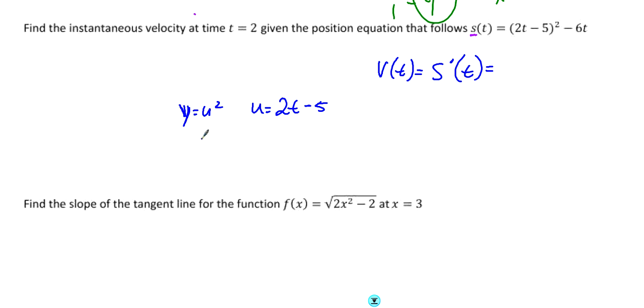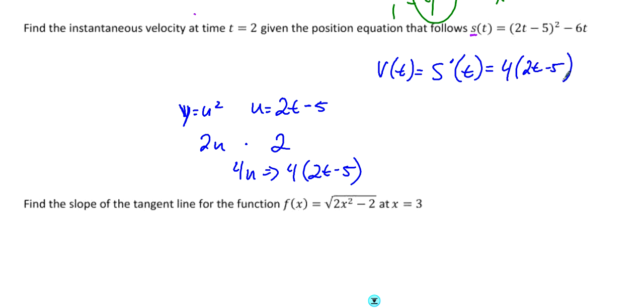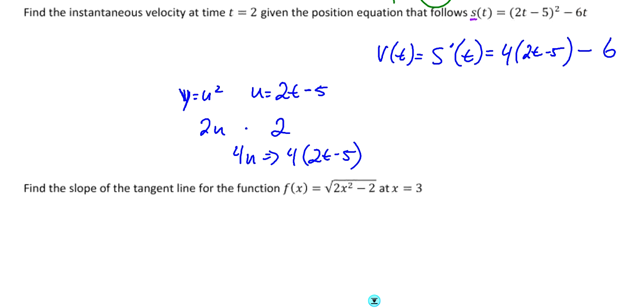Then the derivative, this is 2u. This is going to be 2. So the derivative of that is 4u, or since we plug u back in, 4 times 2t minus 5. So over here, 4 times 2t minus 5, minus the derivative of 6t, which is 6.